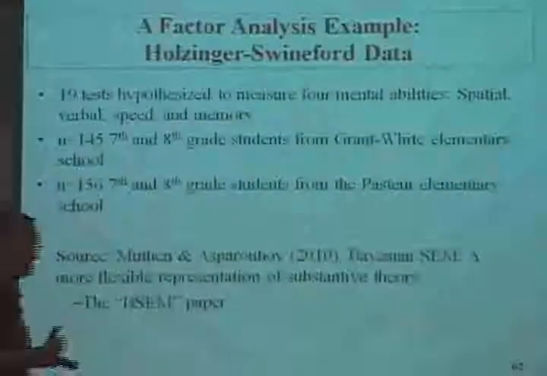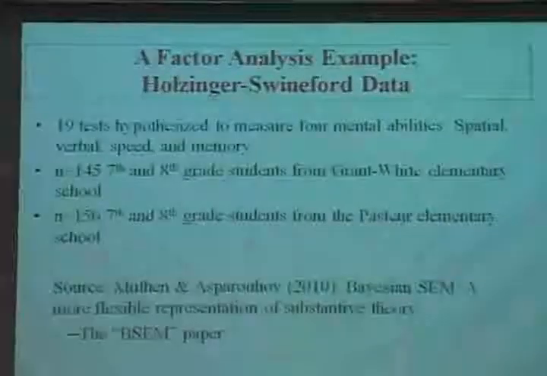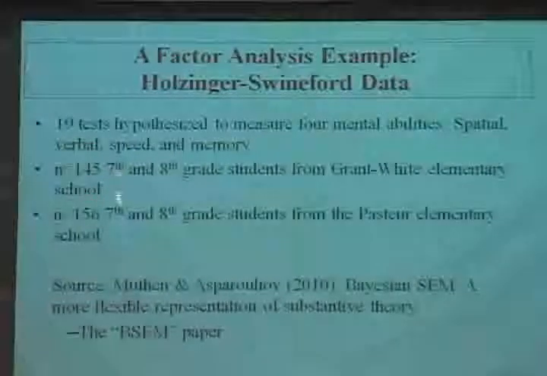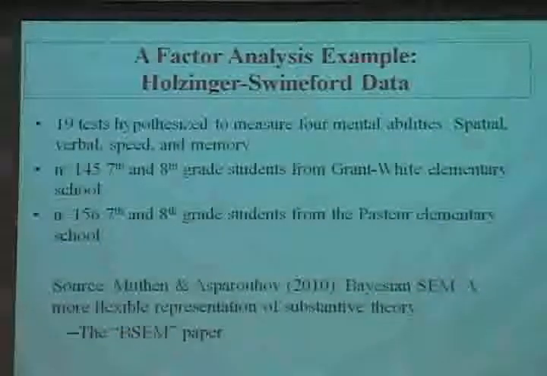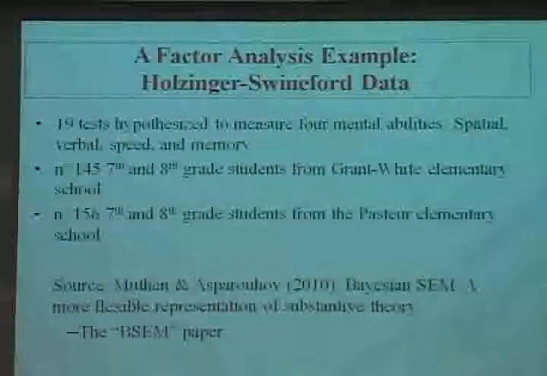The students differed a little bit in terms of their background; there were more foreign-born students in the Pasteur School. The sample sizes are moderate, around 150. The analysis that I'm going to talk about is described in this ISOM paper, as we call it, that is in the reviewing process in Psychological Methods.